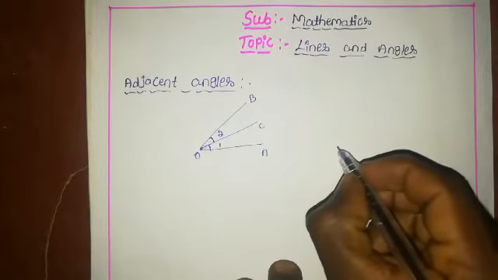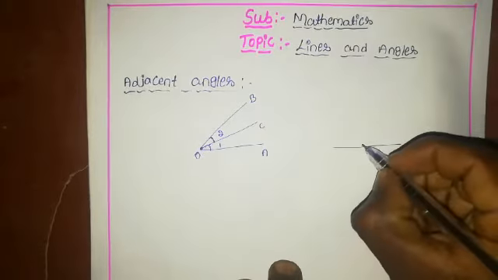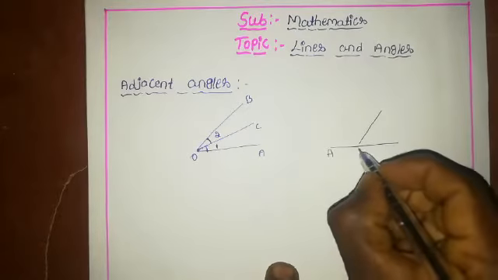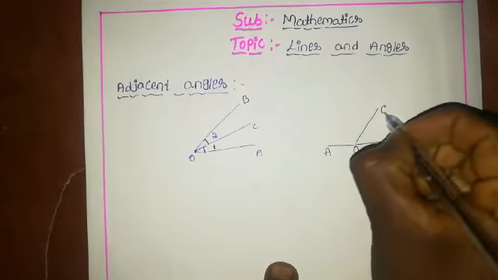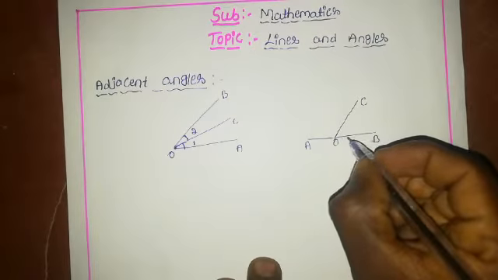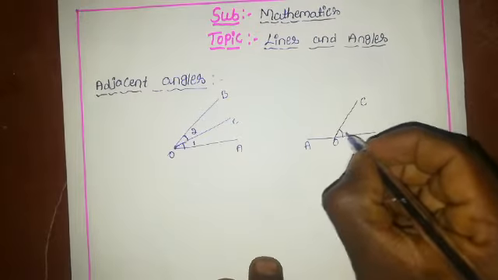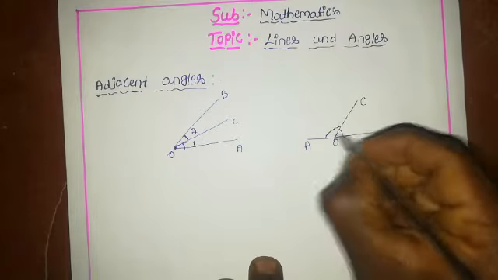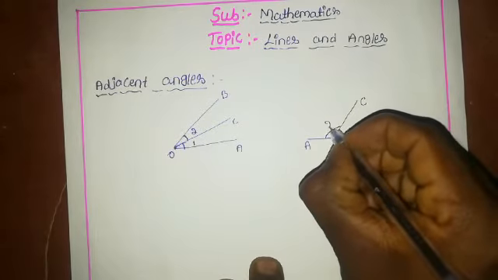Here you see one more figure, that is A, O, B and this is C. In this figure, how many angles are there? Two angles. This is one angle and this is another angle. We consider this as angle 1 and this as angle 2.